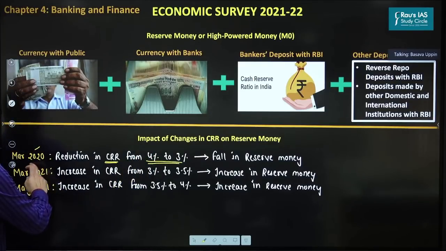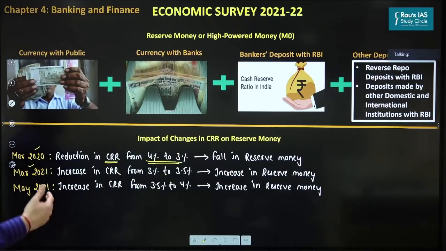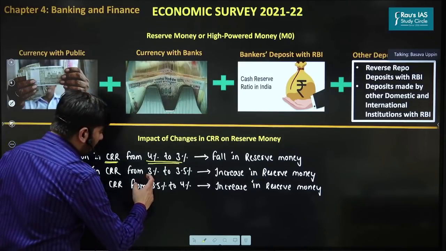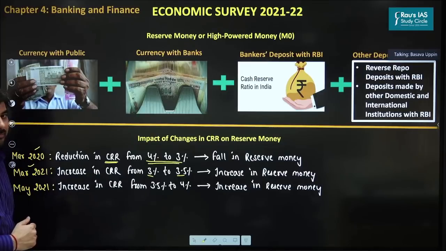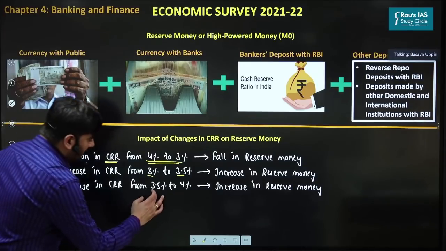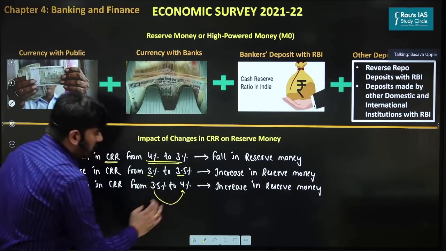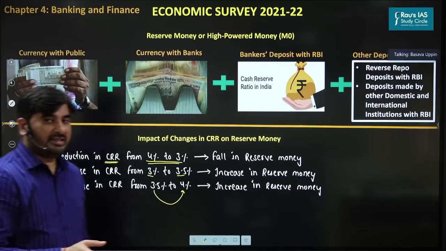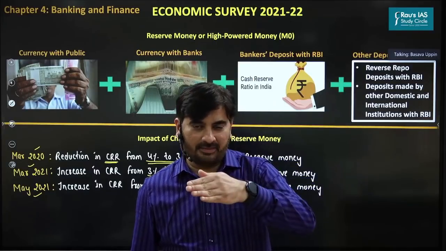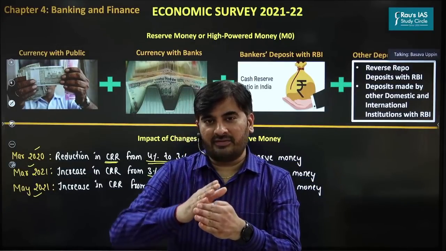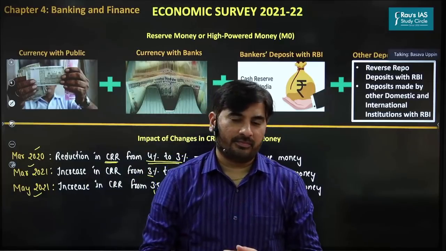Later, in March 2021, we brought back the CRR from 3% to 3.5%. And then in May 2021, we further increased the CRR from 3.5 to 4%. So initially we reduced the CRR from 4 to 3%, and now from 3%, we have brought it back to 4%.